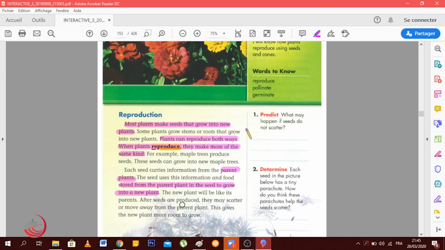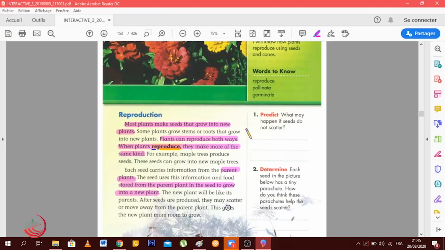After seeds are produced, they may scatter or move away from the parent plants. This gives the new plants more room to grow.